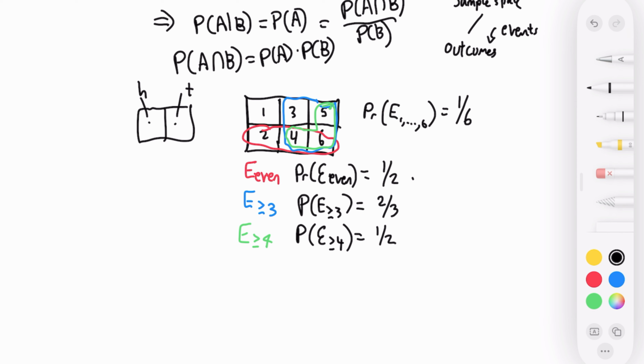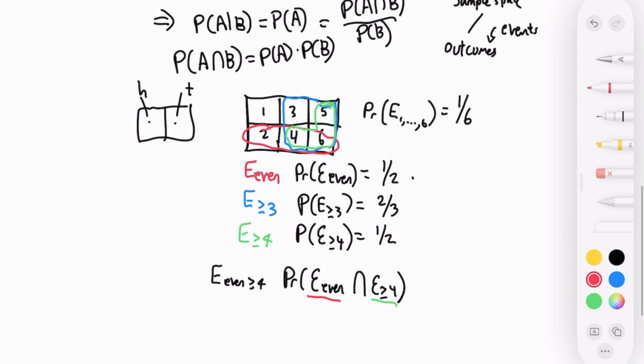For instance, we can talk about intersections of events. So we can say, for instance, I want to find the event E even and greater than or equal to 4. What I'm looking for is the probability of the event E being even intersected with the event E being greater than or equal to 4. So we need to find all of the places where it's contained in the green, and it's also contained in the red. So this is like the Christmas event.